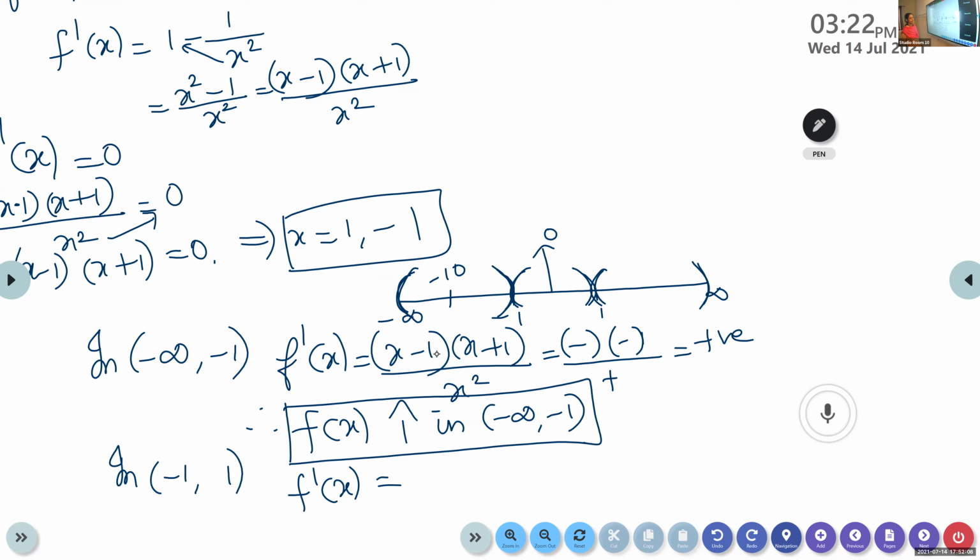What happens? Achyut. Denominator will be 0, isn't it? So we can't take the value 0 here. When it becomes 0, it becomes undefined.